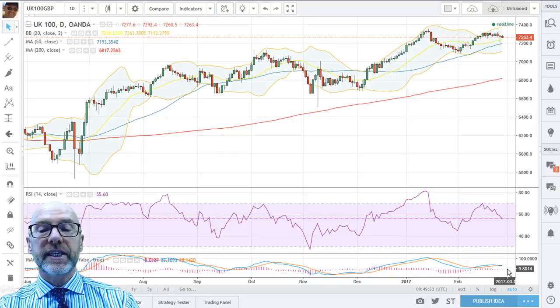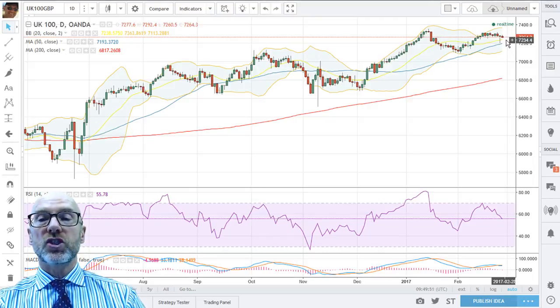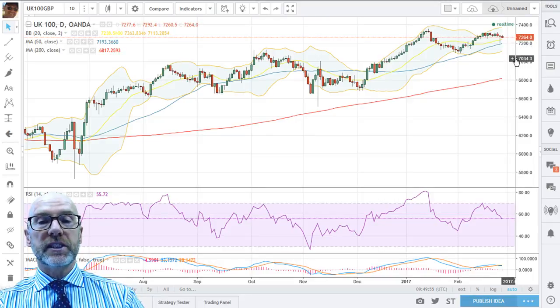Also the MACD, we've had a move down in the quicker indicator below the longer, which is usually a sign that the market is rolling over. As I already mentioned, there is support at the 20 and 50 day moving average, which should hold in the short term, but it is a rolling picture.